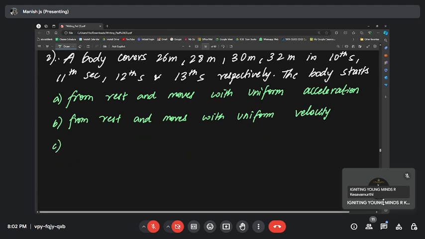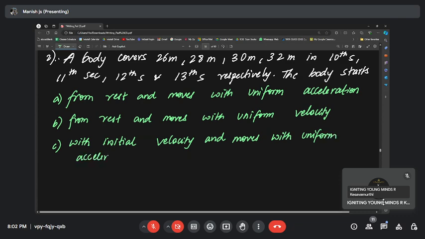C: with an initial velocity and moves with uniform acceleration. And the last option, D: with an initial velocity and moves with uniform velocity.